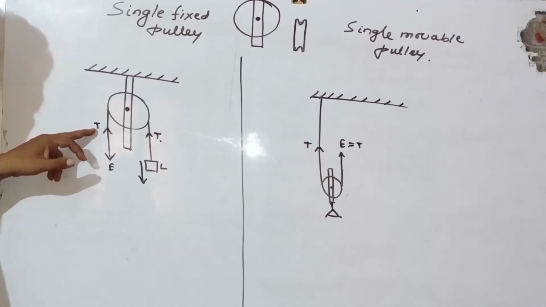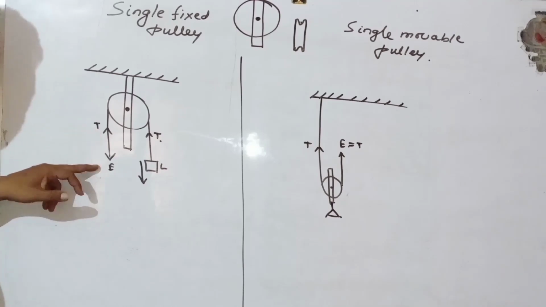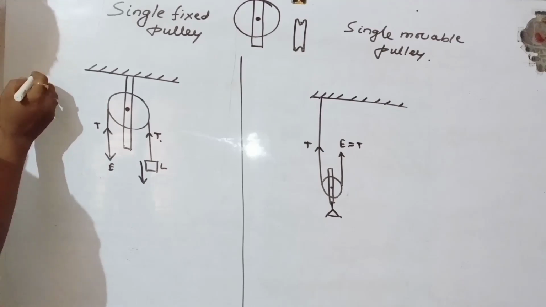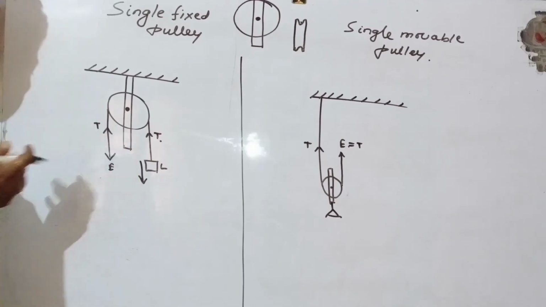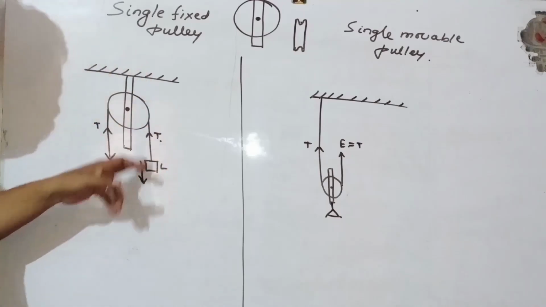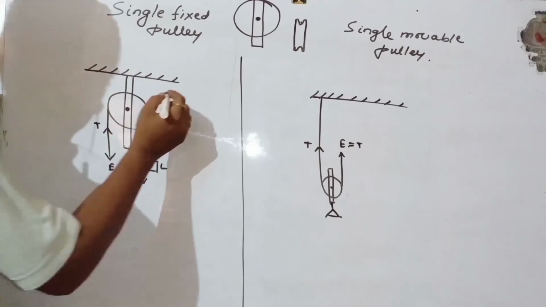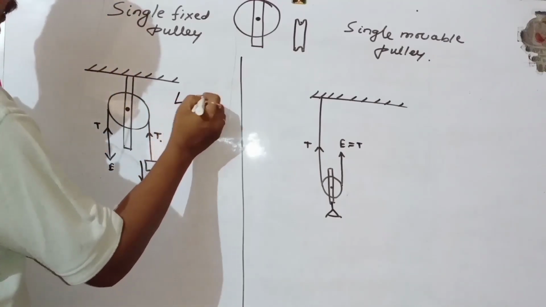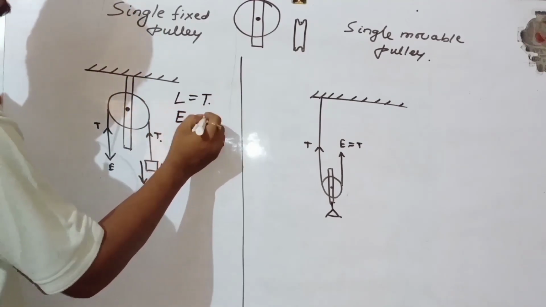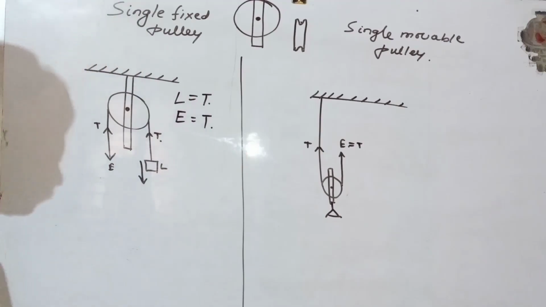So T and E are action and reaction, and according to Newton's third law, action and reaction are equal and opposite. The same is true for load and tension T. So we can write load equal to T for a single fixed pulley, and effort is also equal to T.